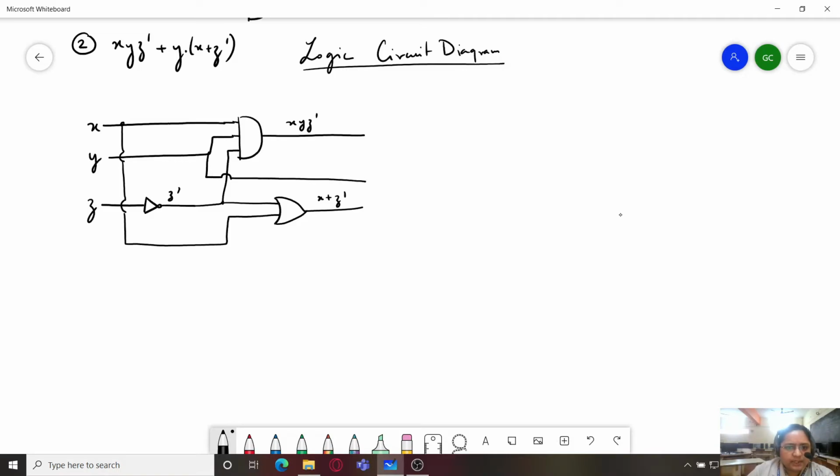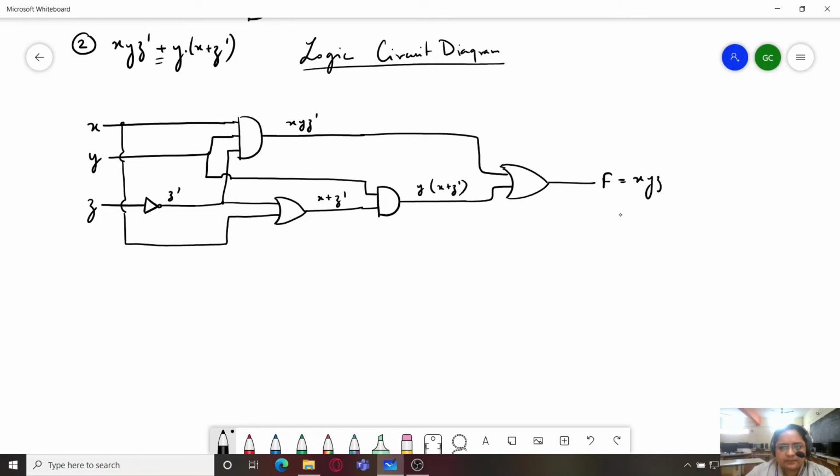And this output, that is x plus z dash, which is already taken, and there is an AND operation between the two, so this gives y, x plus z dash. And finally we have the OR operation. So this is the final function f, which is x y z dash plus y, x plus z dash. So this is the logic circuit diagram for the second expression.